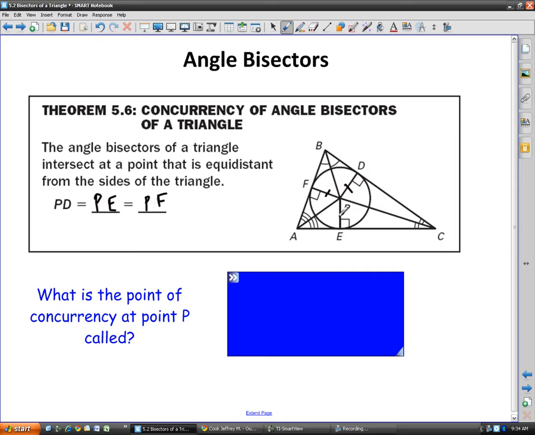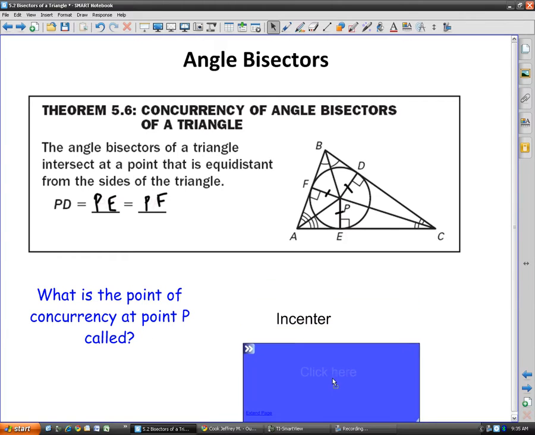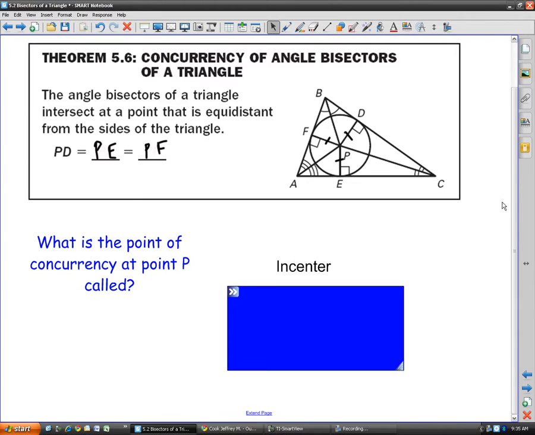It draws the circle that is inside the triangle, and the radii of that circle are equidistant from the sides. And so they're saying, what is the point of concurrency at point P called in this one? This one is the incenter. All right, so if you need to copy these down, please pause it, and we're going to move along.